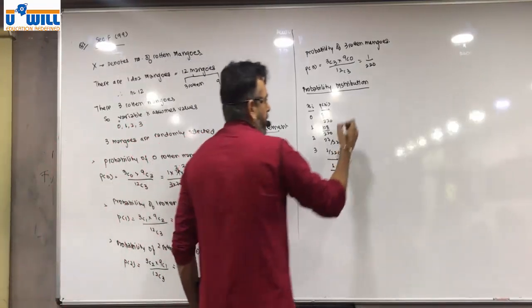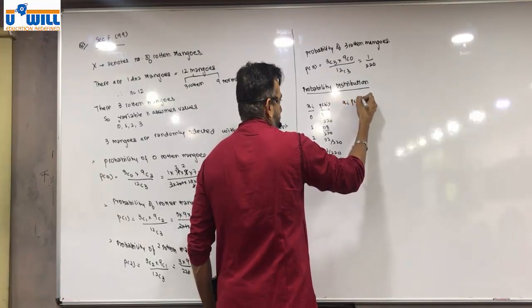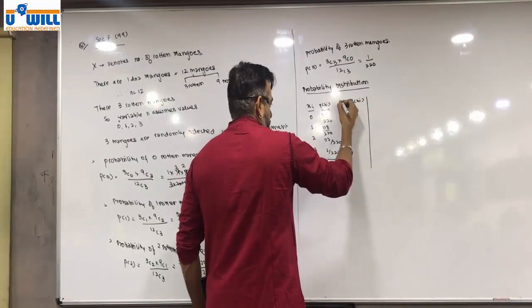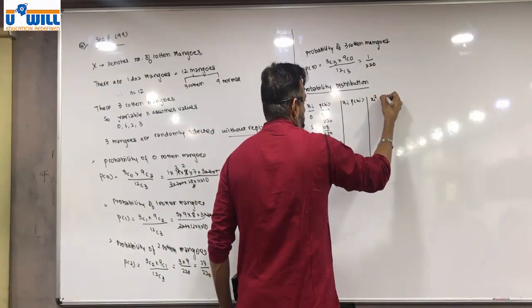Now what we have to find? We have to find Xi into P of Xi, and we have to find Xi square into P of Xi.